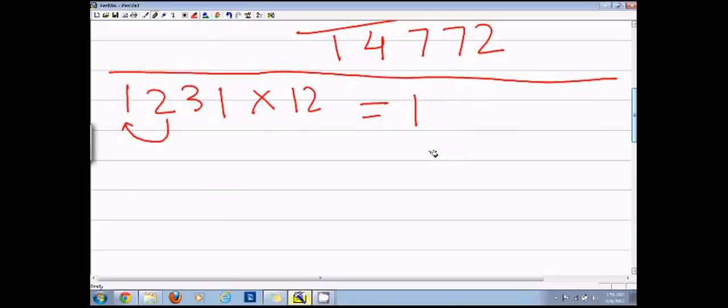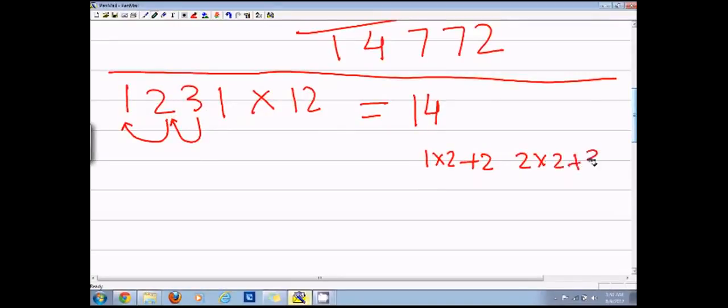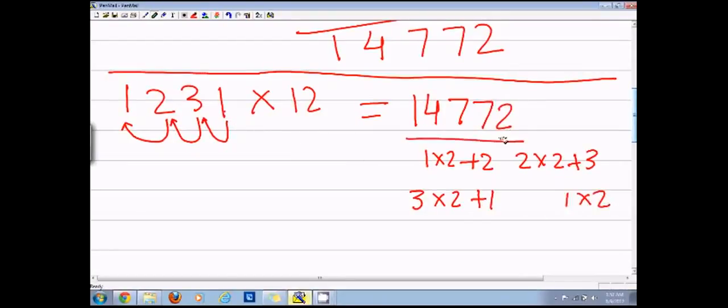So I will say 1 into 2 plus 2, that is equal to 4, and then 2 into 2 plus 3, that is equal to 7, and then 3 into 2 plus 1, that is equal to 7, and then I will just multiply 1 by 2, so 1 into 2 is 2. So the answer is 14772.